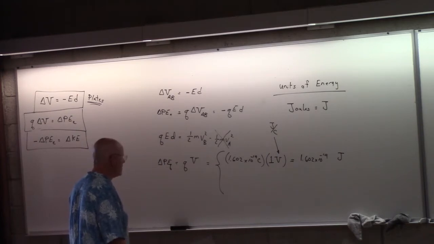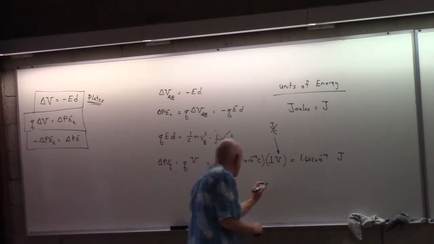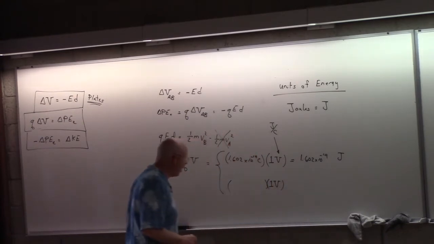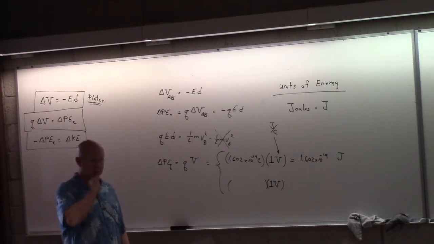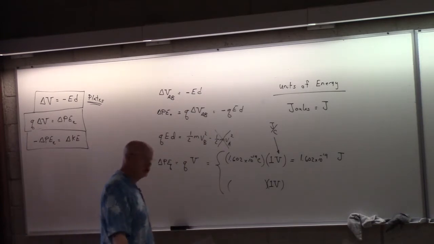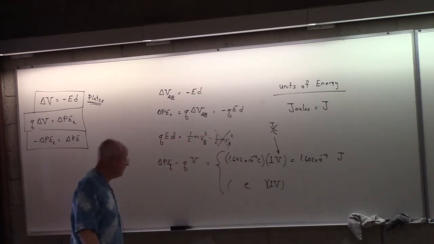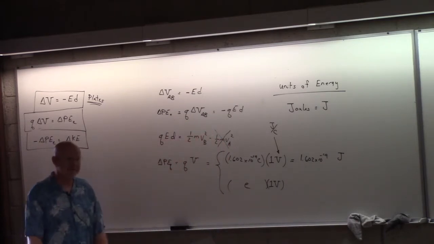But sometimes it's nice to do this. Sometimes it's nice to say, okay, the voltage is 1 volt. And the charge, instead of in coulombs, let's put the charge as charge e, where e stands for the charge of 1 electron.